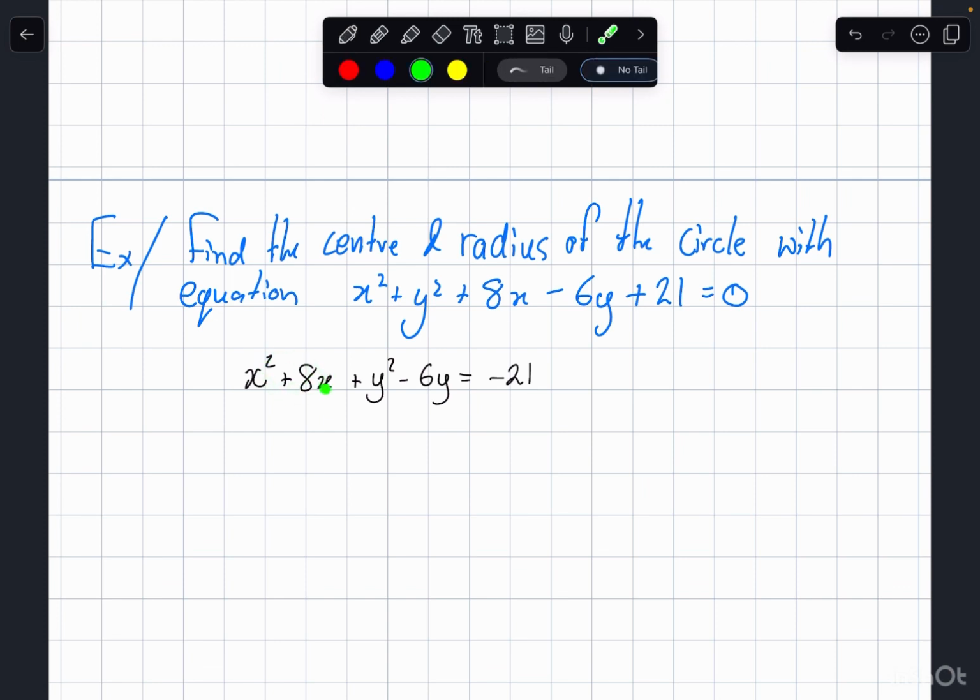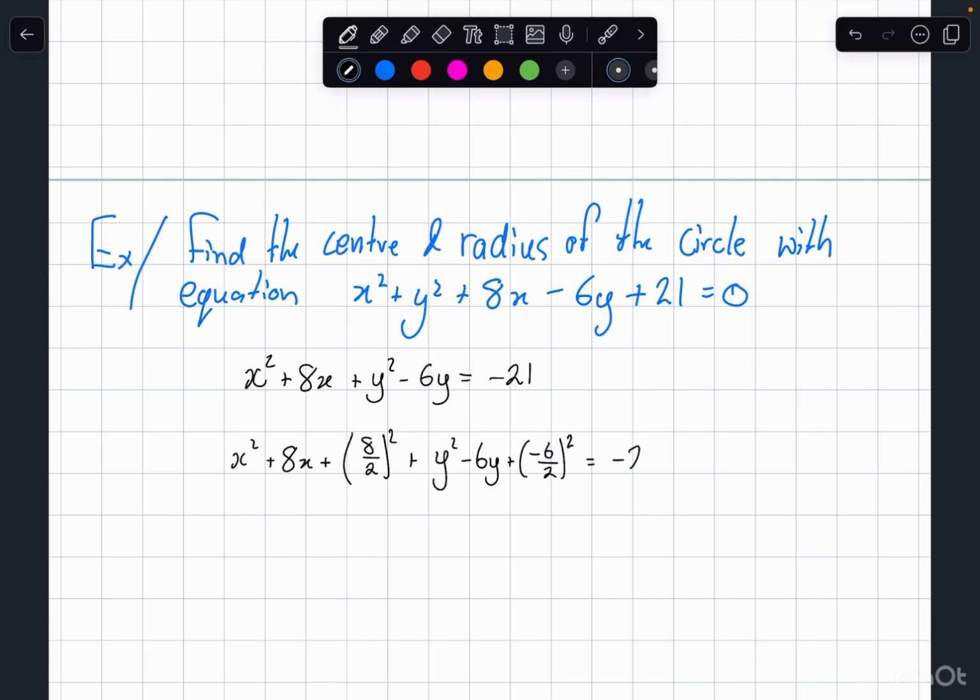So what we want to do is complete the square on the x term. So I look at the coefficient of x, which is 8. So I'm going to write x squared plus 8x. Then I'm going to add that coefficient 8 divided by 2 all squared. I'm going to do the same with y. So y squared minus 6y plus negative 6 over 2 all squared equals negative 21.